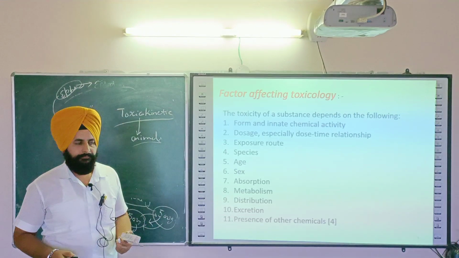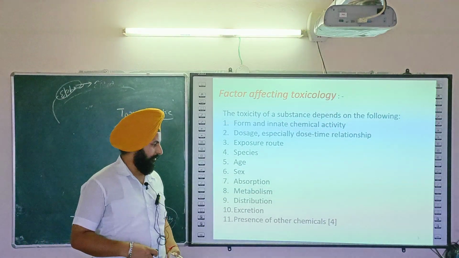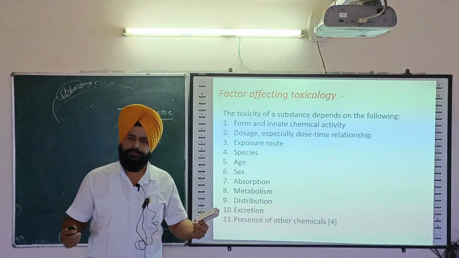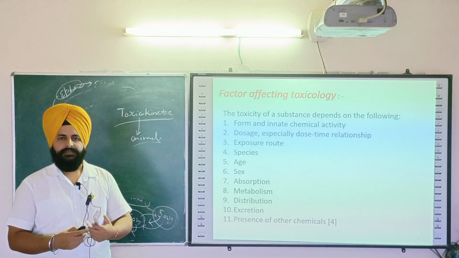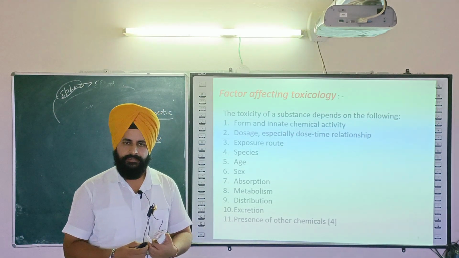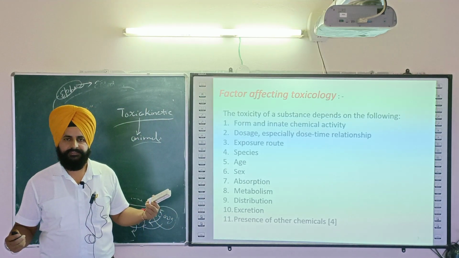So that means one drug affects the metabolism of another. Third is called distribution. Distribution is the mechanism whereby a drug, after metabolism, moves toward all parts of the body.